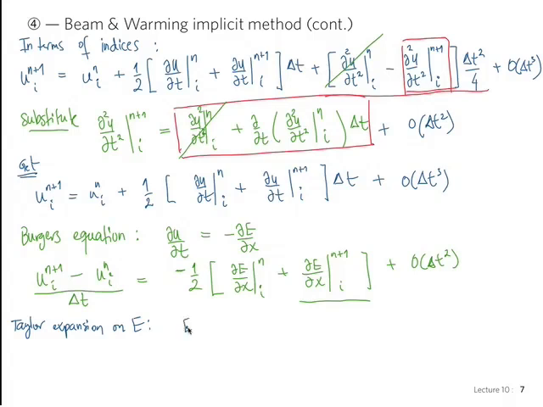So let's write E at t plus delta t is equal to E at t plus dE/dt delta t plus order delta t squared.